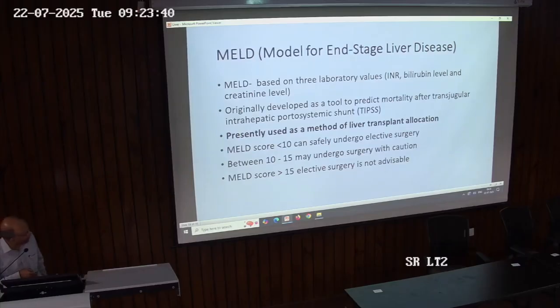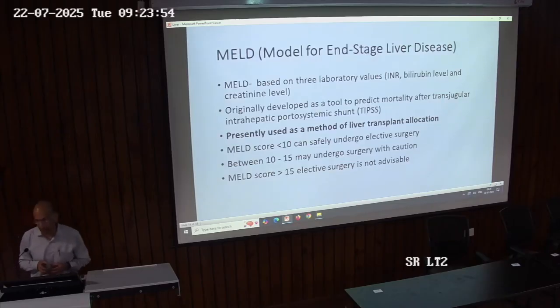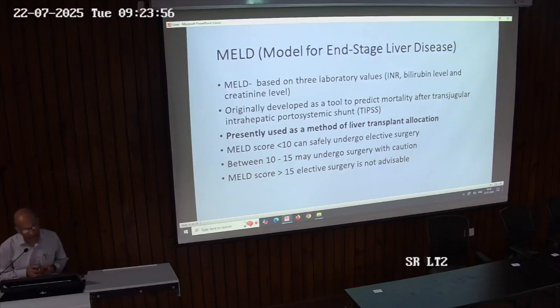Here again, a MELD score less than 10 can safely undergo surgery. Between 10 to 15, there is a slight risk. More than 15, elective surgery is not advisable. So these are the 2 scoring systems which give you some idea about the functional hepatic reserve and the state of the liver function.